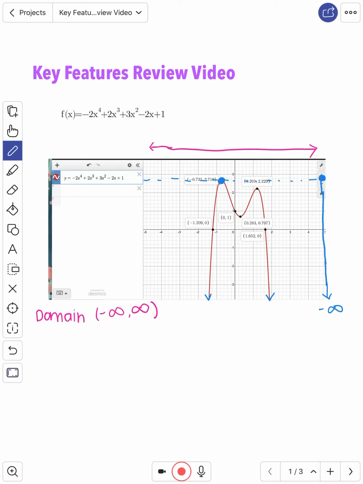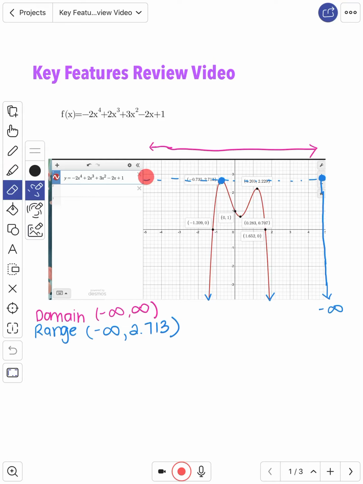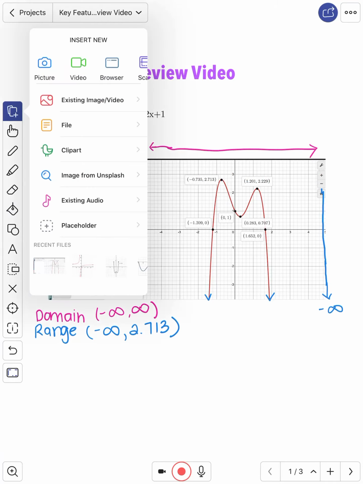When we're talking about range, remember we're talking about the y values. So when I look at my range here, I'm looking at the y value of that particular point. So the y value here is going to be from negative infinity to 2.713. The reason it's 2.713 is because that was the point that we just determined in that top point.